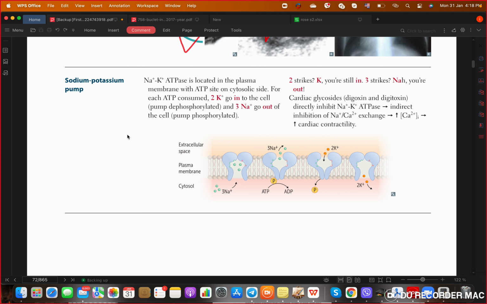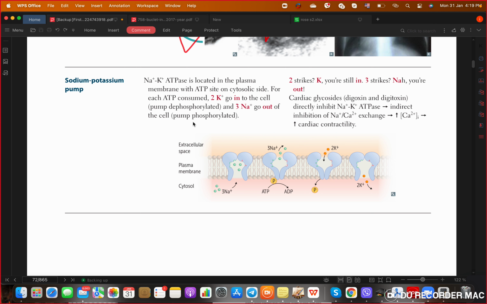We need ATP. So look what they write. For each ATP consumed, 2 potassium are going into the cell, and that happens when the pump gets dephosphorylated, and 3 sodium goes out of the cell. And this happens when the pump is phosphorylated.